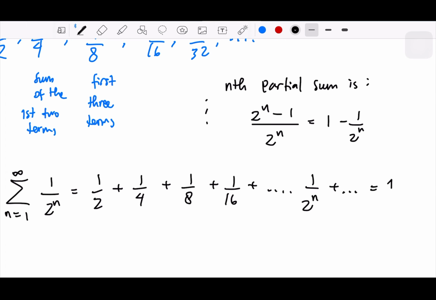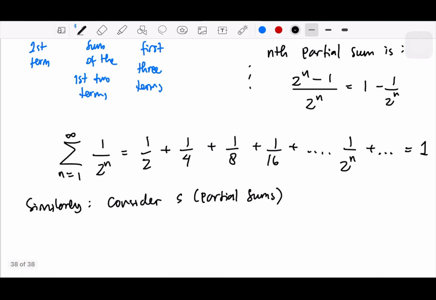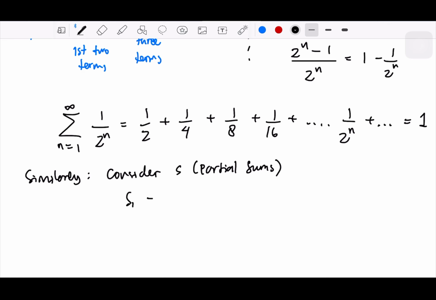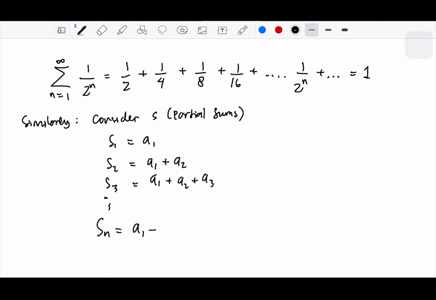And we use similar idea. So similarly, consider as a partial sum, which consists of S1, S2, S3, and in general we will have Sn equal A1 plus A2 plus A3 plus dot dot dot An.